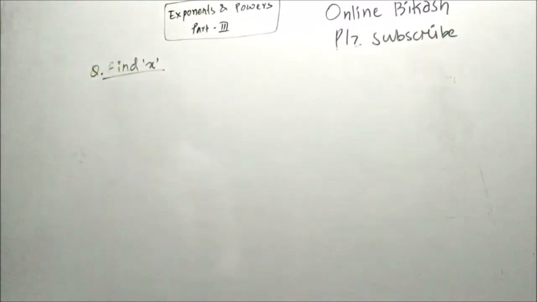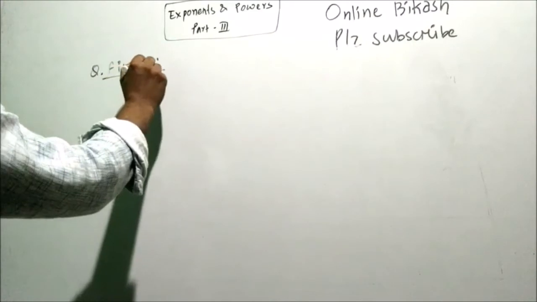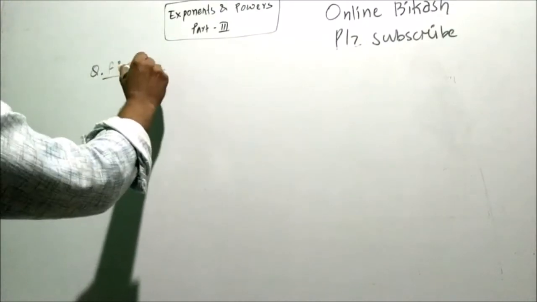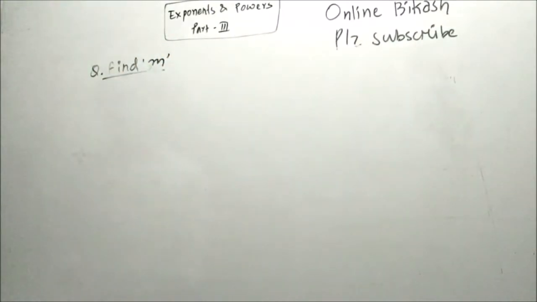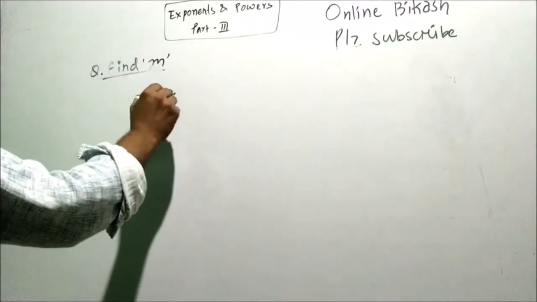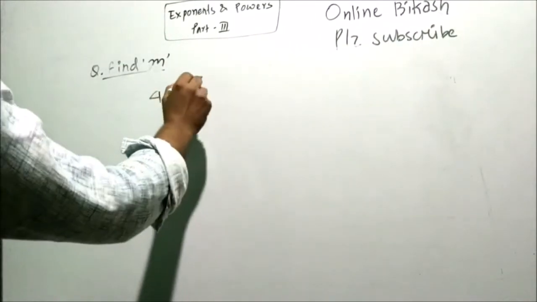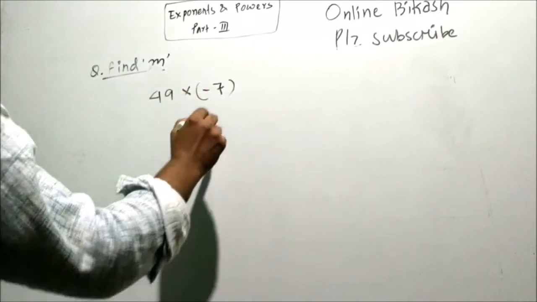Now another question: find x, not x this time, m. Find m. Okay, we have the question: 49 into, this is a tricky one, that's why I am showing you.